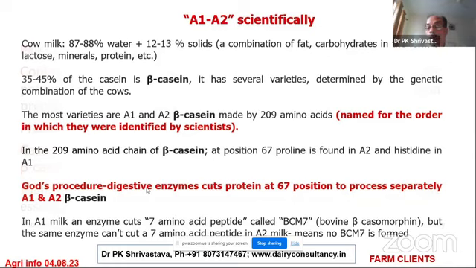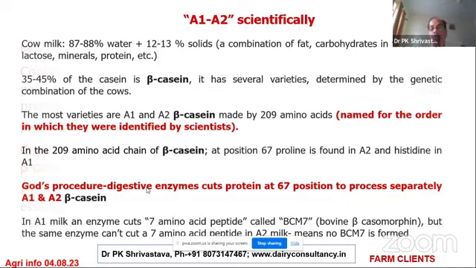It is called bovine beta casomorphin. But the same enzyme from our stomach cannot cut this 7 amino acid peptide in A2 milk. Nature has bound it. In A2 milk, it will not be cut. In A1 milk, it will be cut.